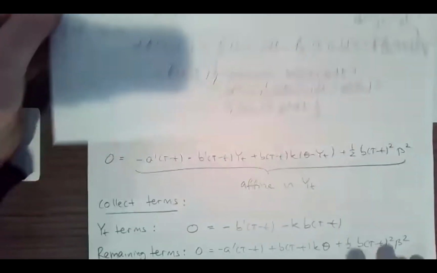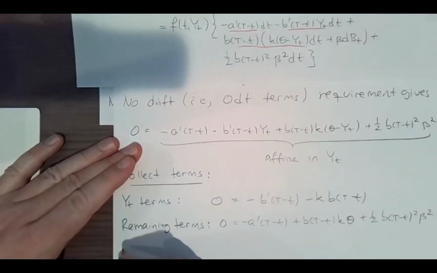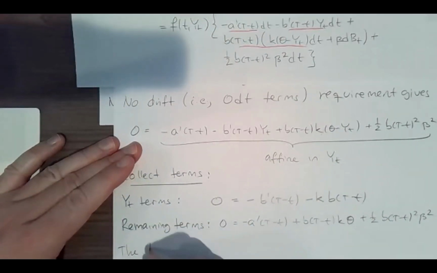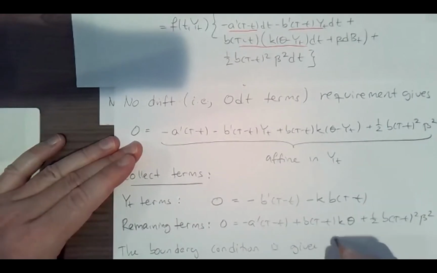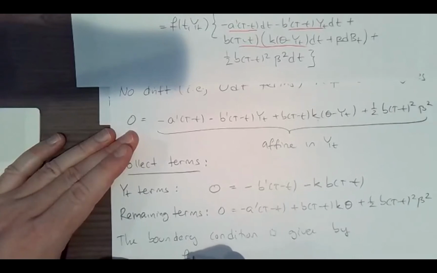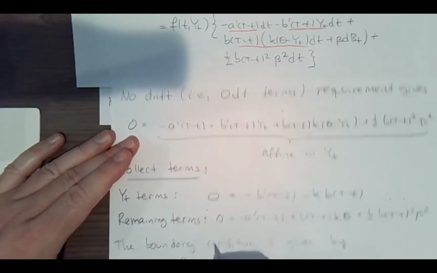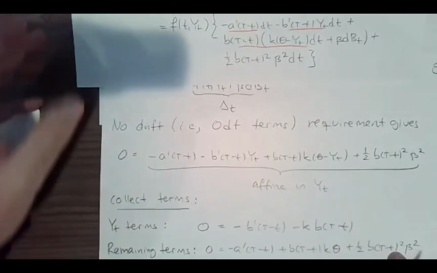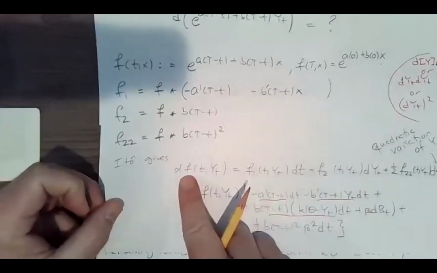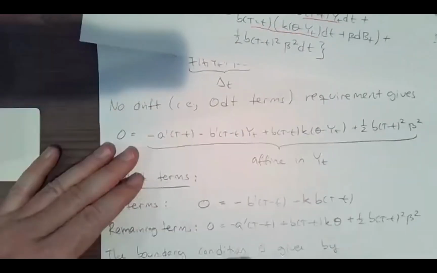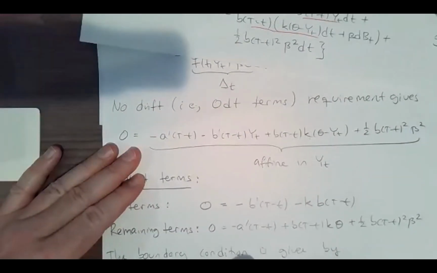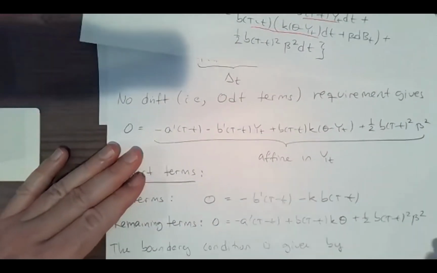Okay, so what is it I want it to be equal to? To get the boundary condition, this is given by a demand that f at the end, and remember we're evaluating f here at y_t, so little t is replaced by capital T. What is this going to be equal to?